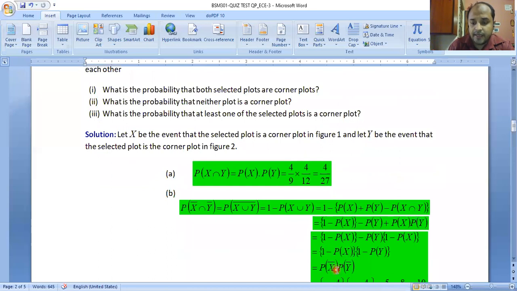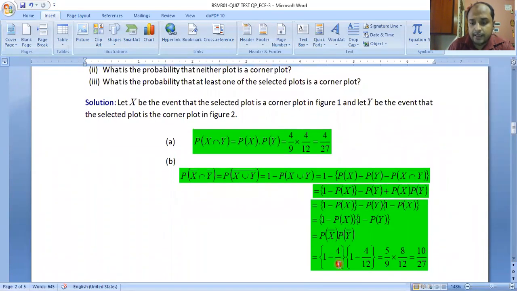And 1 minus Px is Px bar and 1 minus Py is Py bar. Px is 4 by 9 and Py is 4 by 12. So Px bar will be 1 minus 4 by 9, Py bar will be 1 minus 4 by 12. And the result comes out to be 10 by 27. Now the result has come. Okay, my job is done.